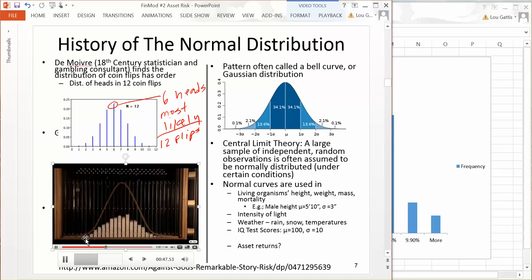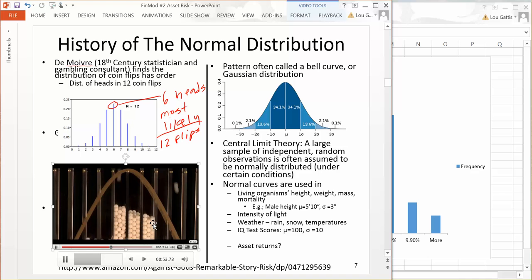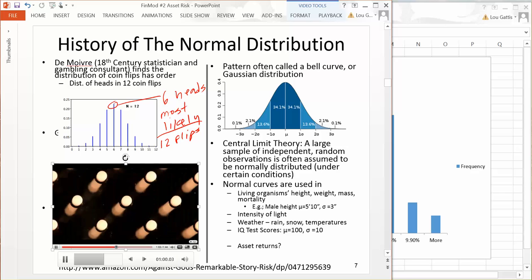So what appears to be a chaotic movement of a ball, I can never predict exactly where a single ball is going to wind up. When you drop enough balls, there's a lot of order to it. I can predict very closely what the final distribution of many balls will be, just like I can predict the final distribution of coin flips.